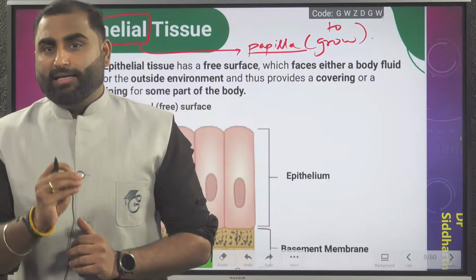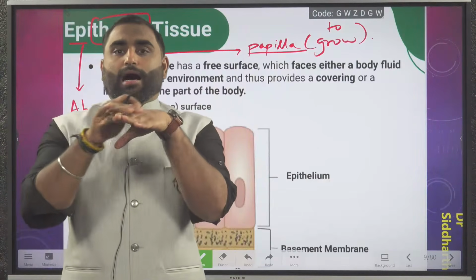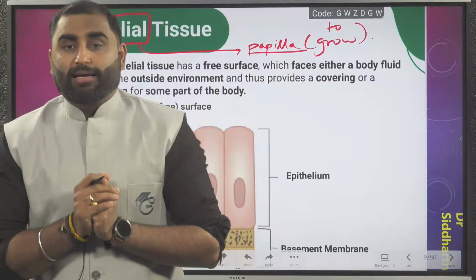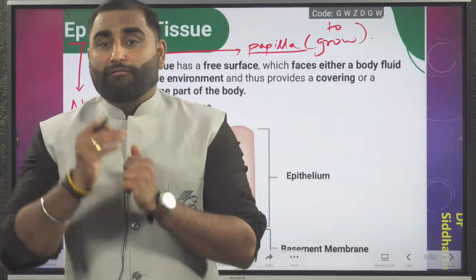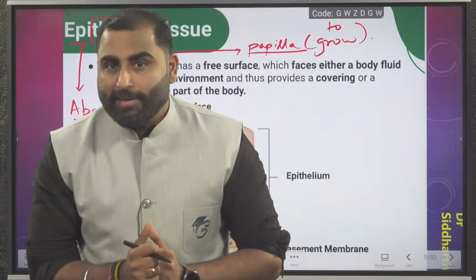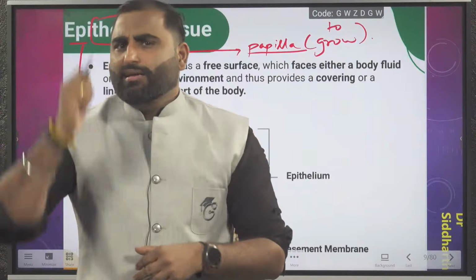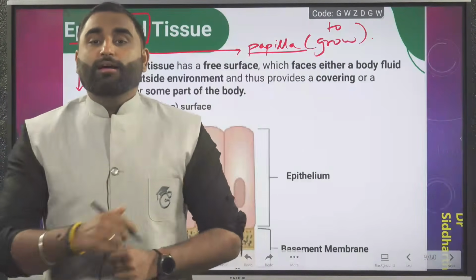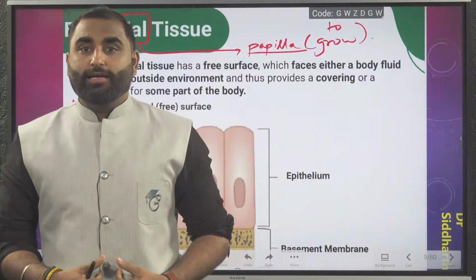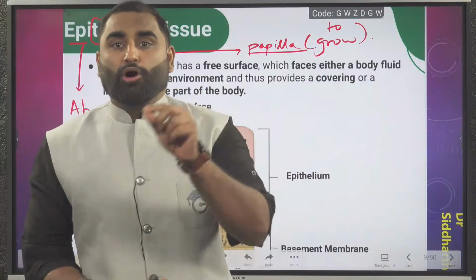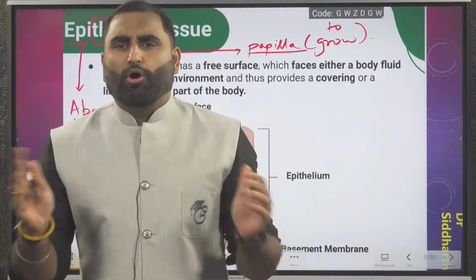The outer surface of epithelial tissue is always facing either the external environment, like your skin, or, when it is lining inside your body, the bodily fluids.